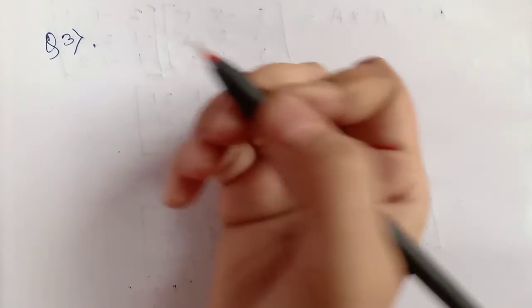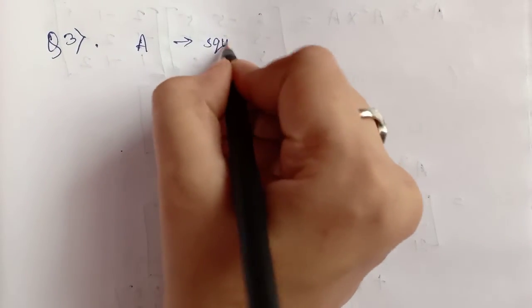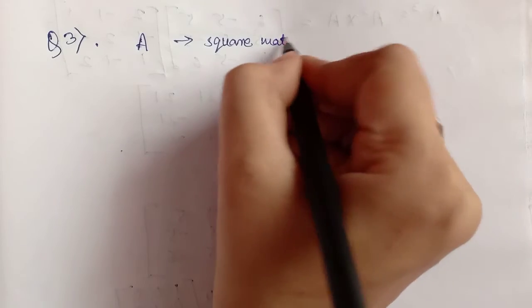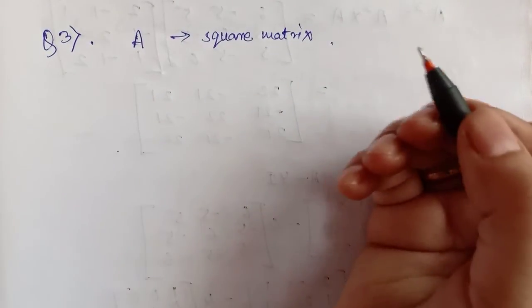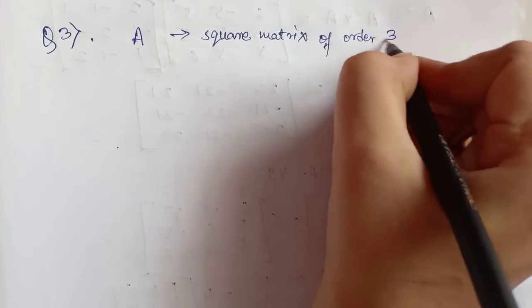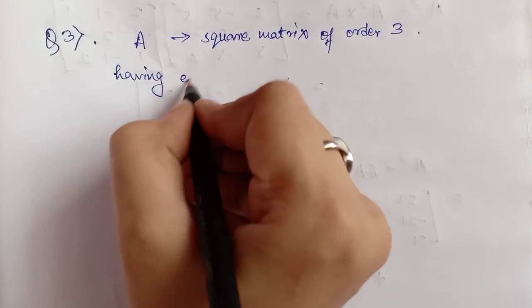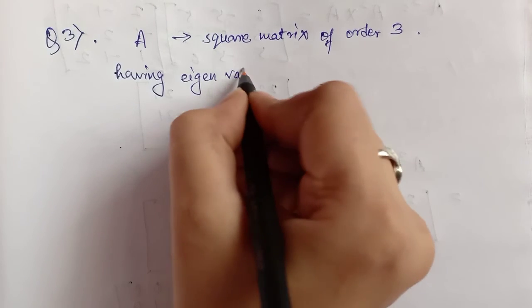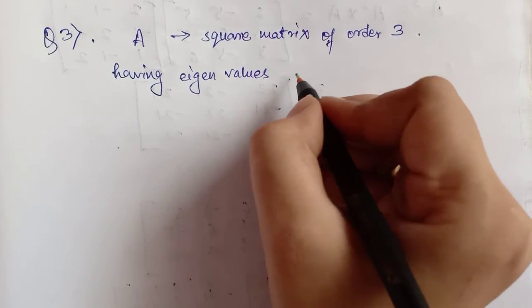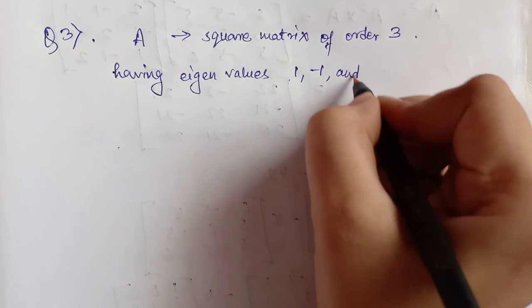Our third question is a very simple one. Question number 3. We are given A to be a square matrix of order 3 having eigenvalues 1, minus 1 and 0.